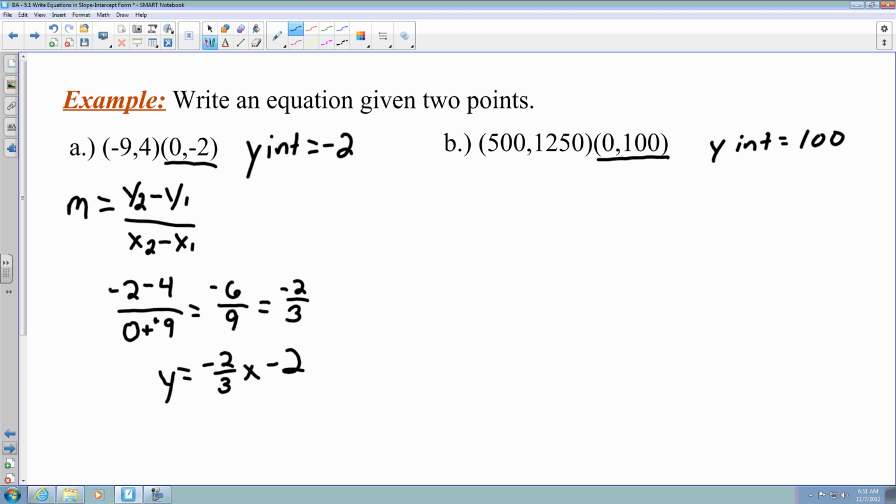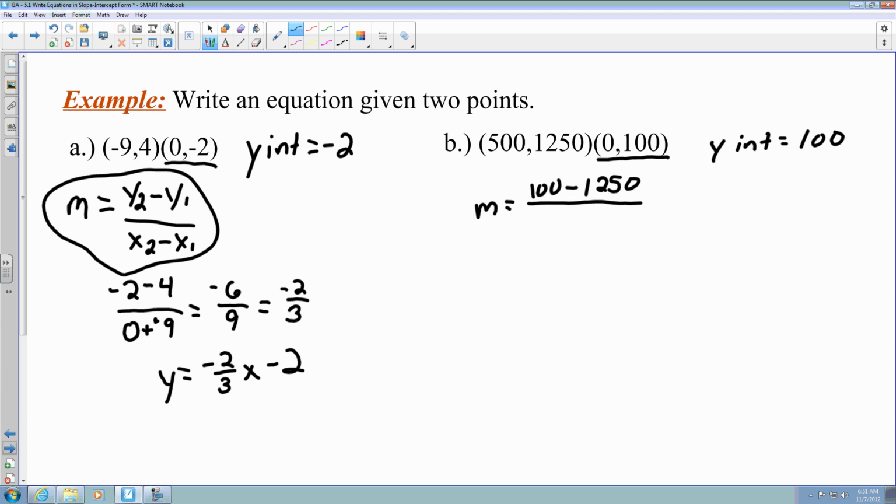And we have to use this equation to find our slope. So let's do that. So we have m equals 100 minus 1,250 over 0 minus 500.